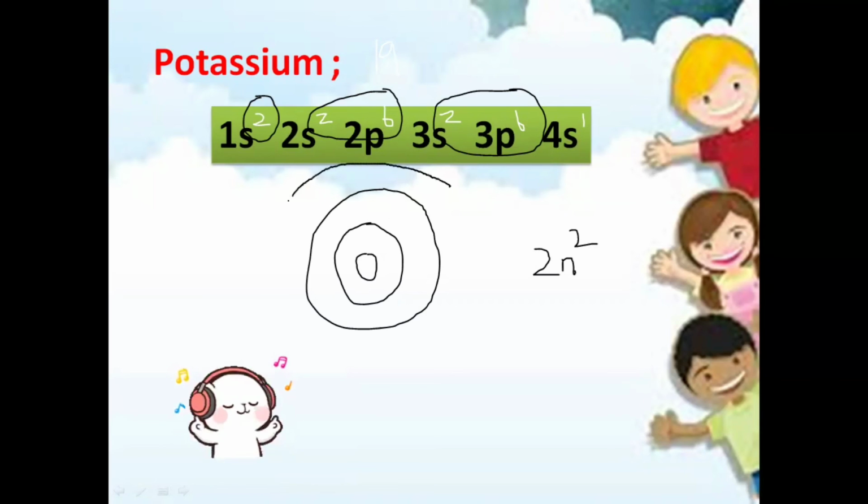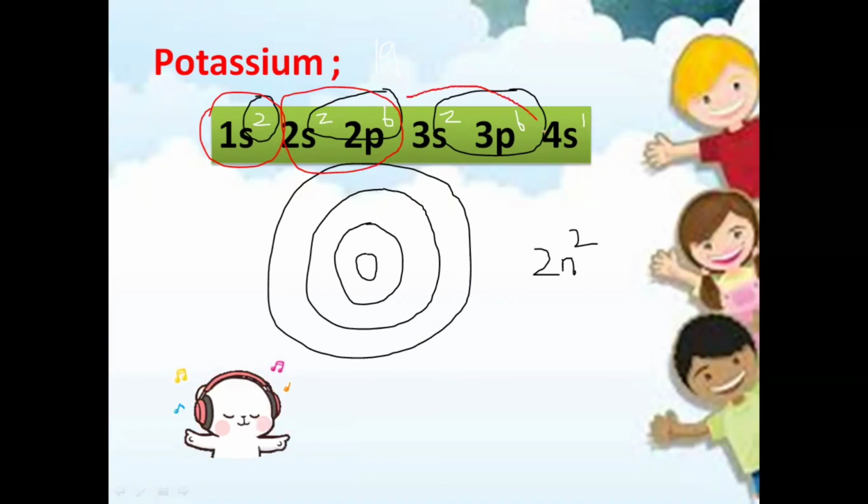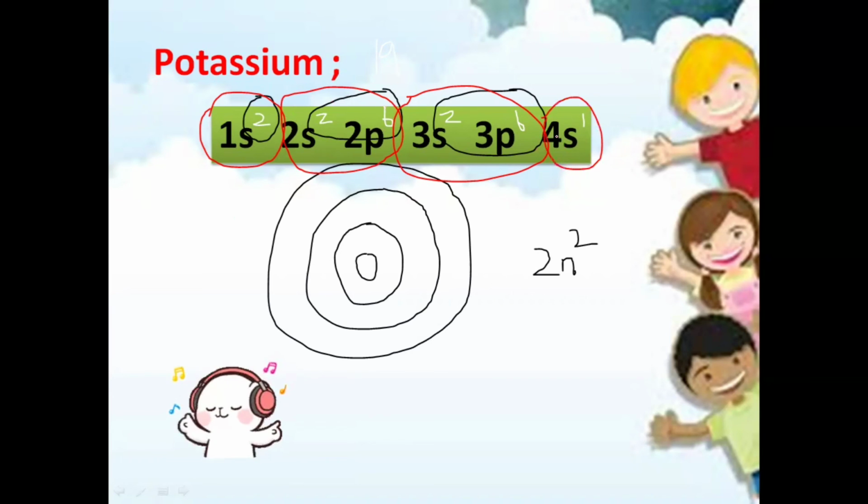Why does this happen? Because 1s is the first shell, then 2s 2p is the second shell, and 3s 3p comes the third shell. Now you can check, n is 4, so it comes the fourth shell. Instead of 4s, if 3d were present, then it would have been the third shell.